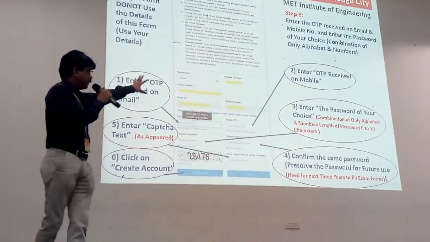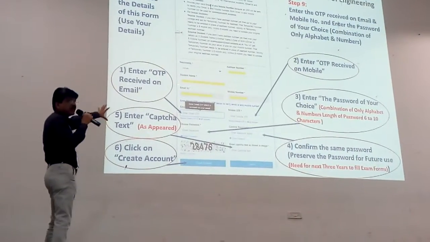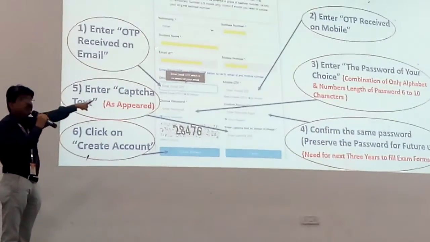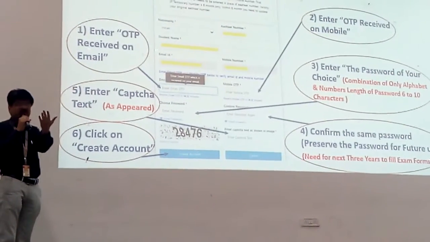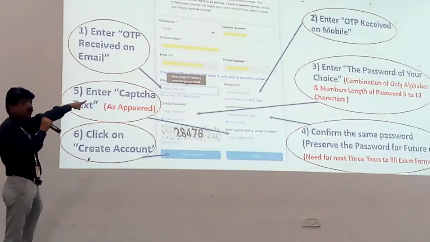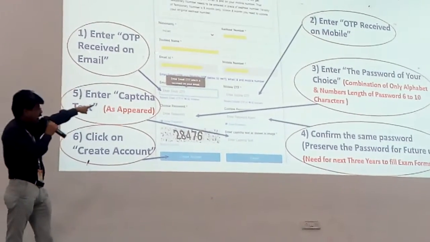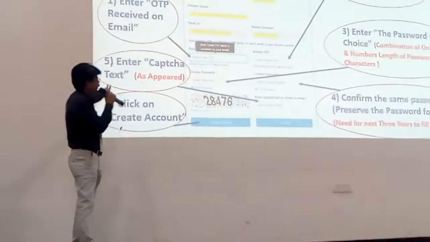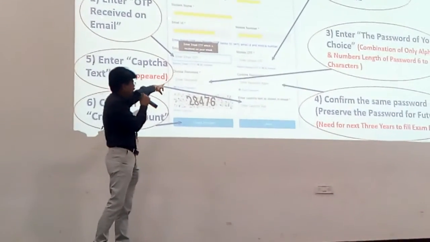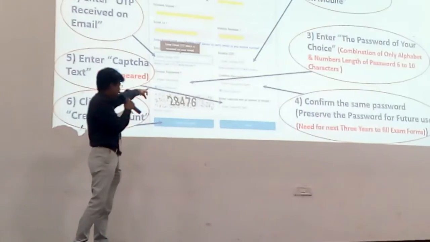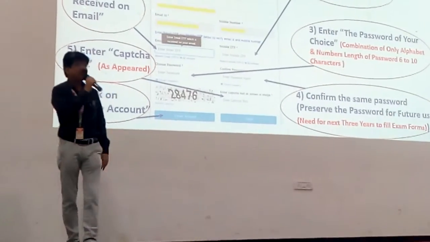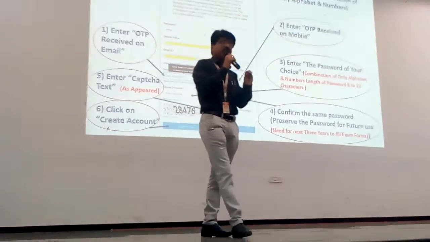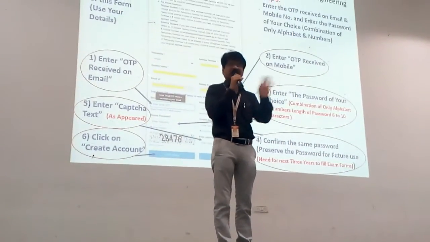Next, you will find 6 steps. Very first, enter your OTP received on your email ID. So immediately check your email and enter it; both are required. Enter your OTP for email, then the second step is to enter your OTP for mobile. Then the third step is to enter a password of your choice. Write your password as a combination of letters and numbers. Don't use any special character.